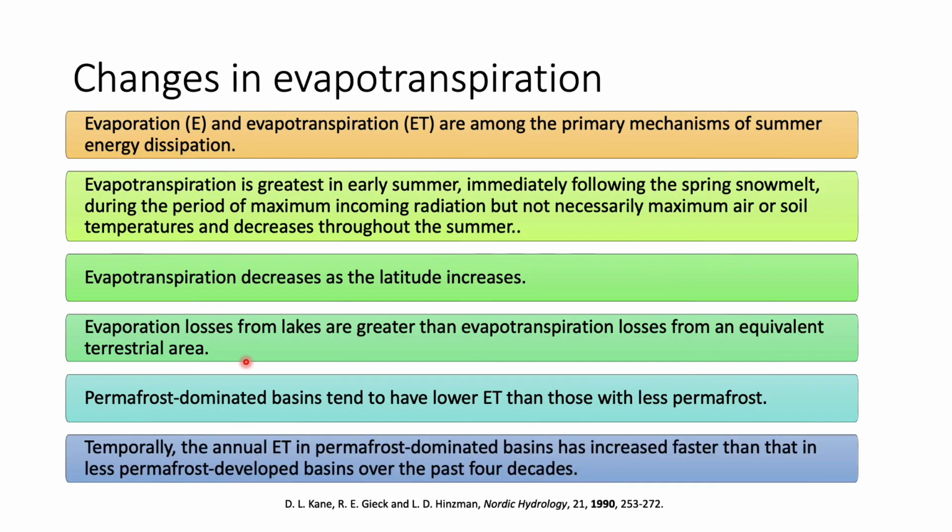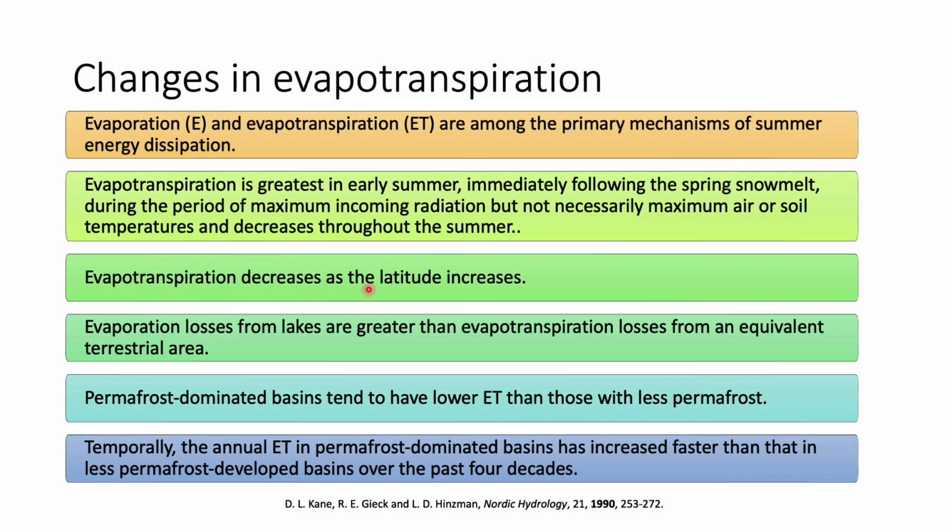And let us look at the changes in the evapotranspiration. Evaporation and evapotranspiration are among the primary mechanisms of summer energy dissipation. Here it is greatest in the early summer, immediately following the spring snow melt during the period of maximum incoming radiation, but not necessarily the maximum air or soil temperature, and it decreases throughout the summer.